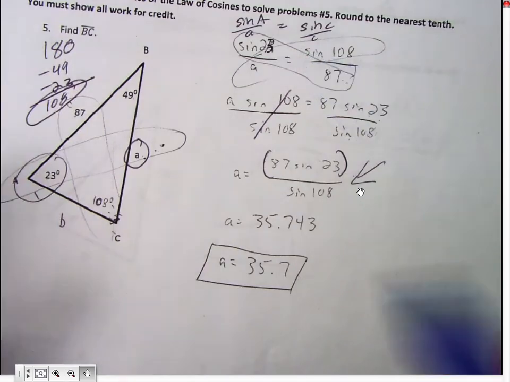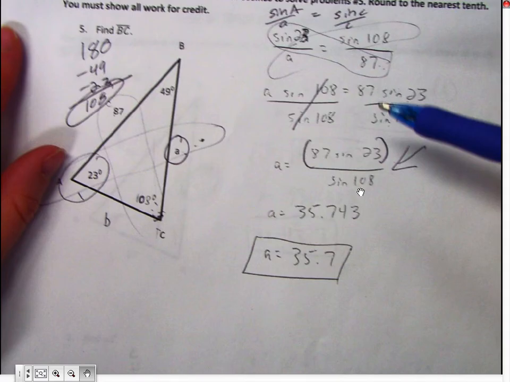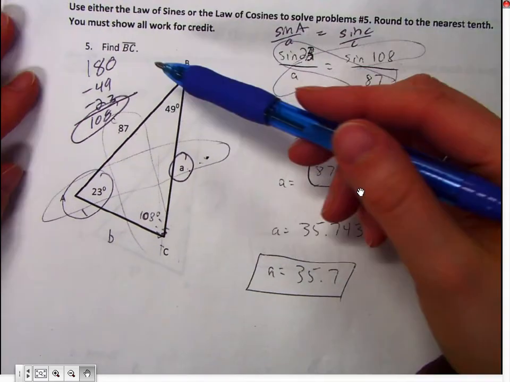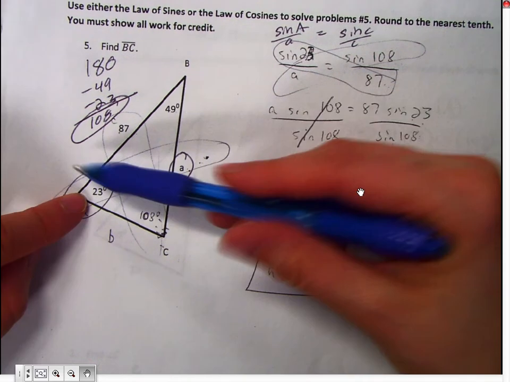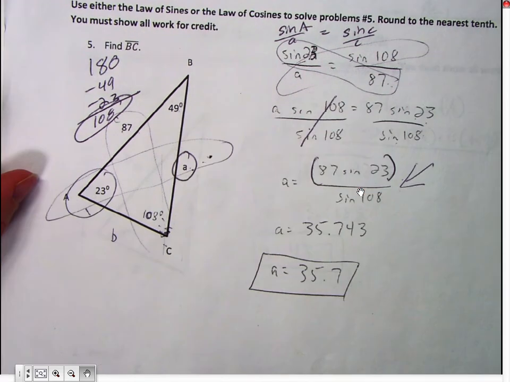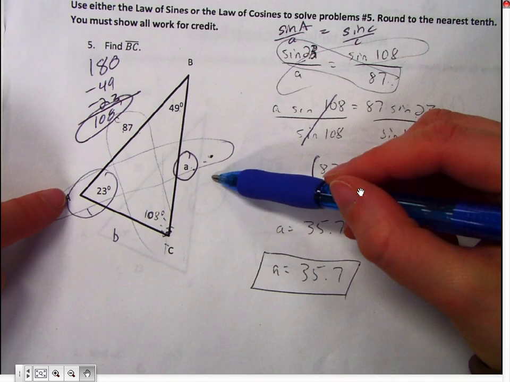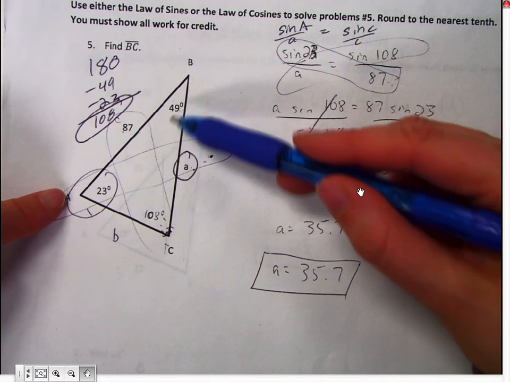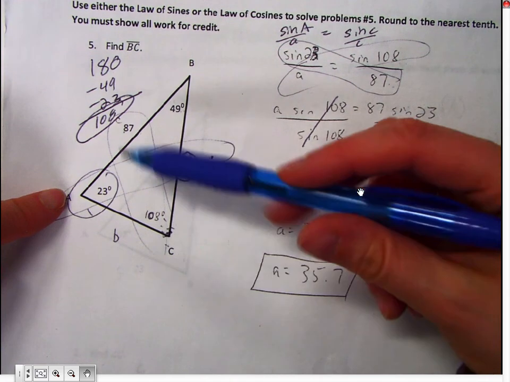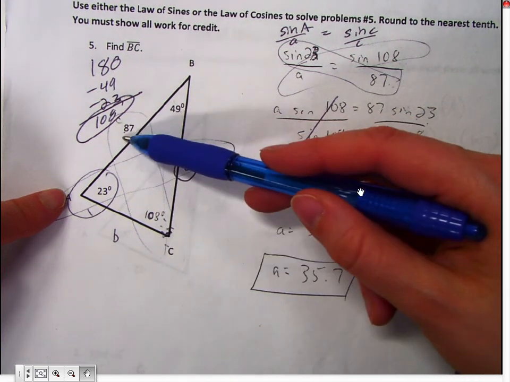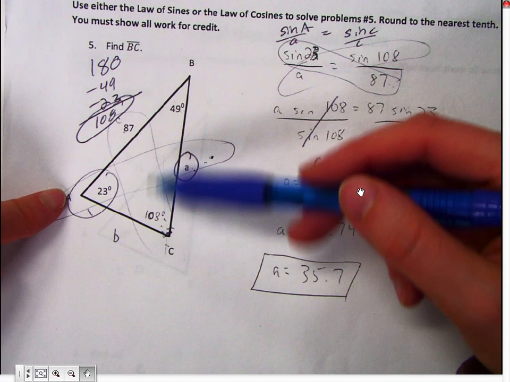Number 5 says we have to choose which one to use. Well, this is one of those ones where I don't have all 3 angles, but I might need them. I'm looking for little a. I have angle A across from it. I have angle B, but I don't have little b. I don't have angle C, but I have little c. Well, if I have 2 out of 3 angles, I can find the 3rd angle.